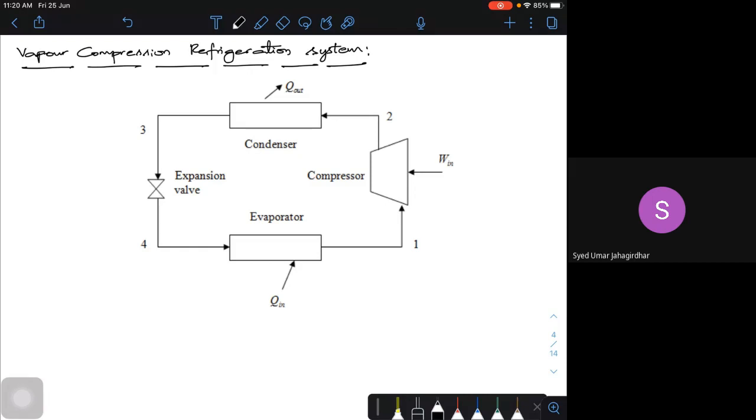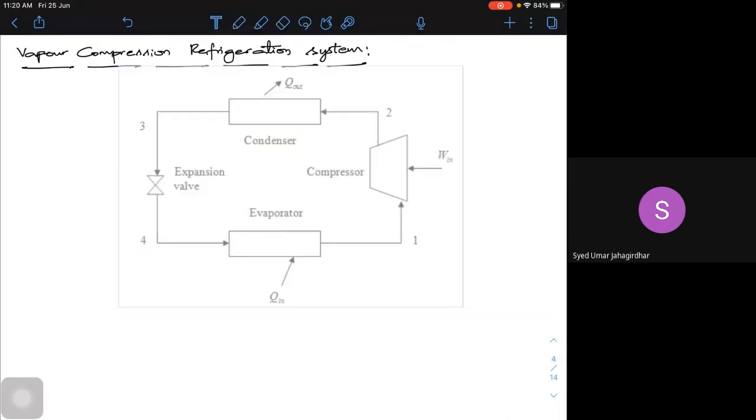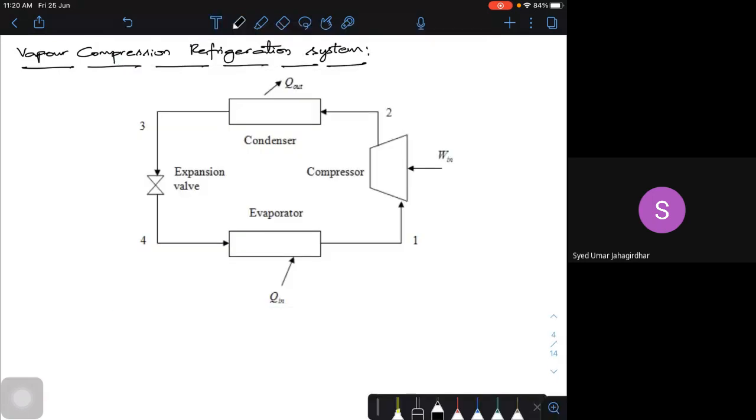What is it actually? I am going to use a refrigerant in place of air to cool the place, what we call the evaporator. In the vapor refrigeration system, we will be cooling a place called the evaporator, where we are going to absorb the heat.